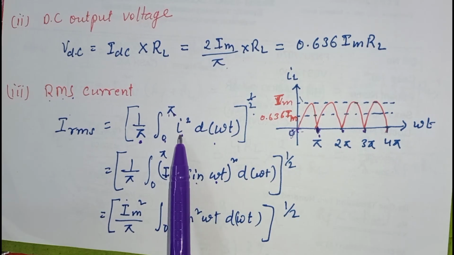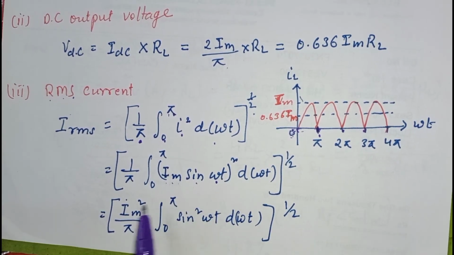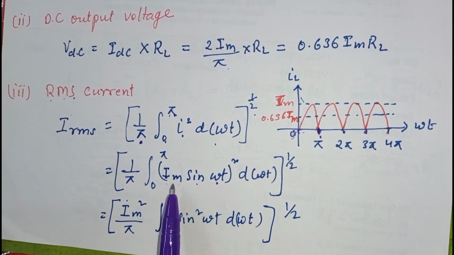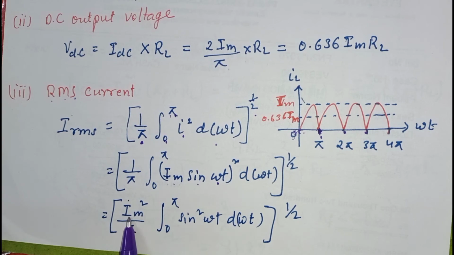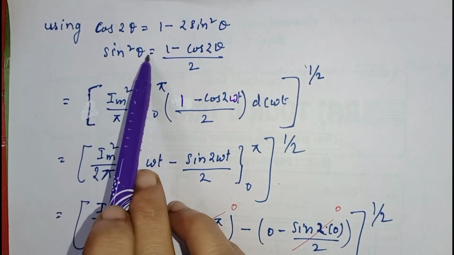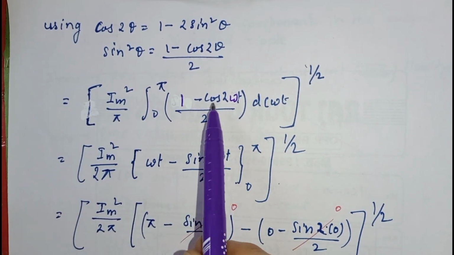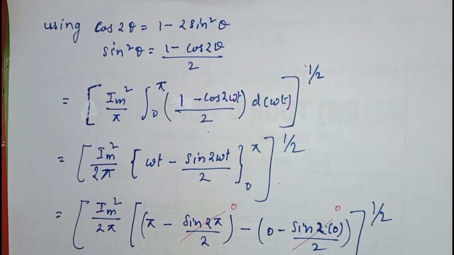Then we will find the root. Now we will put the value of I, which is equal to Im sin omega t. We will take the term Im out of the integration sign because it is a constant term, and solve for this. Using this formula we will put the value of sine square, so sine square is 1 minus cos 2 omega t upon 2 d omega t.